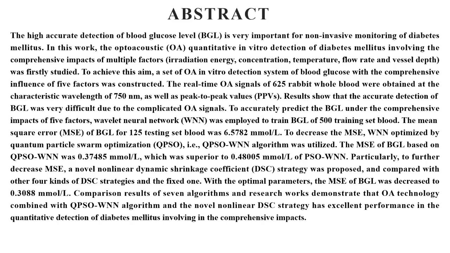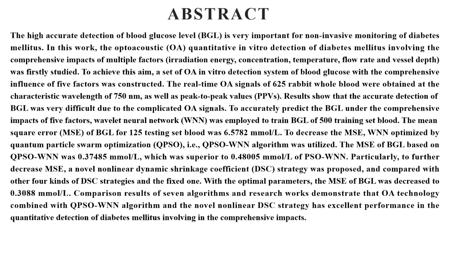Results show that accurate detection of BGL was very difficult due to the complicated OA signals. To accurately predict the BGL under the comprehensive impact of 5 factors, a wavelet neural network was employed to train on the BGL of 500 training blood samples. The mean square error of BGL for 125 testing blood samples was 6.5782 micromole per liter.